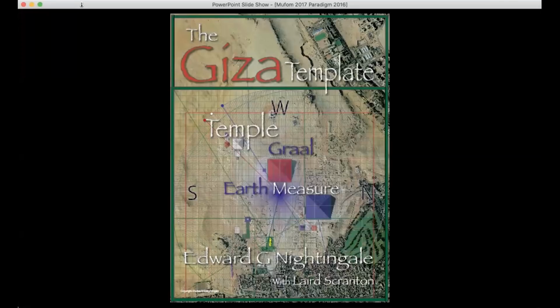It actually enhances it, in that once you understand this template, you understand, I believe, the knowledge of how they did move and cut these stones, and it was essentially using vibration and frequencies. And this whole template is really about understanding how nature works.